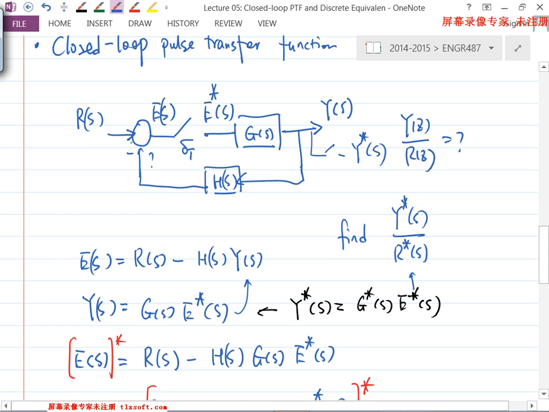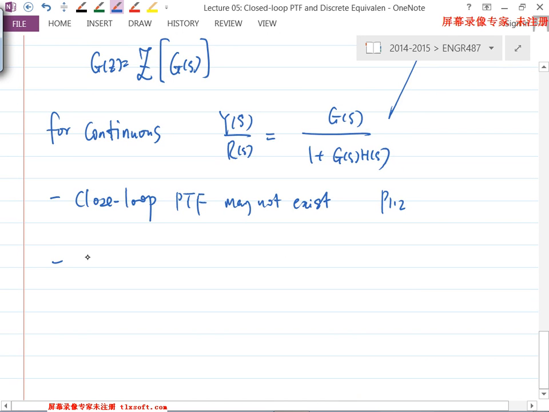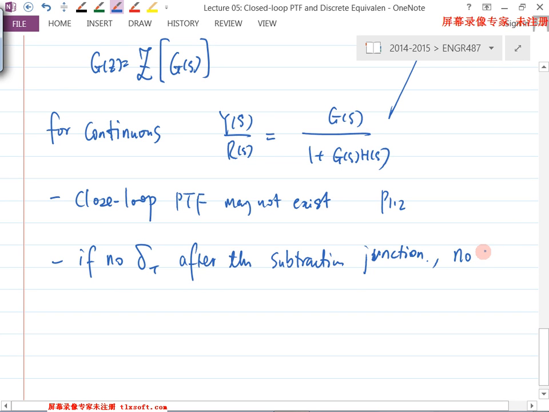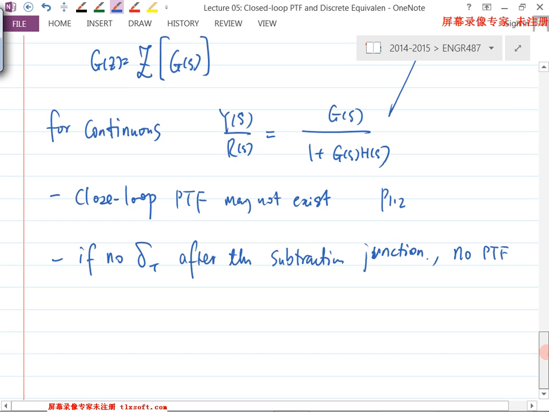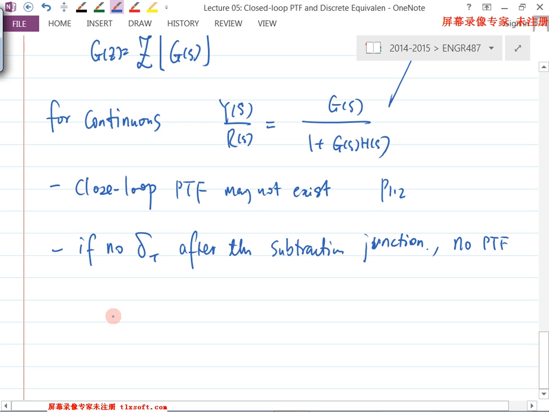So let me show you one block diagram here. If no delta T after the subtraction junction, no PTF. So you can try this. Let's say I have a closed loop system like this.